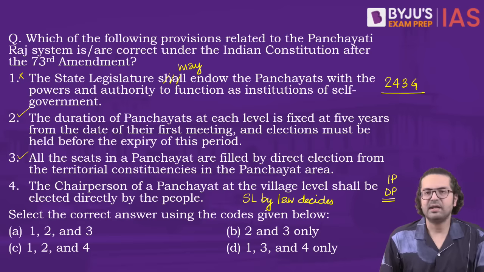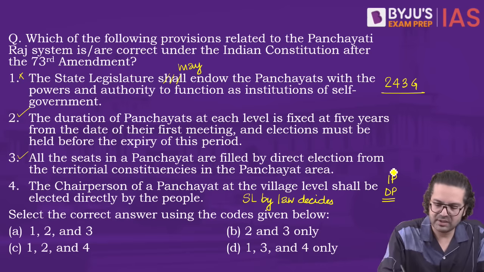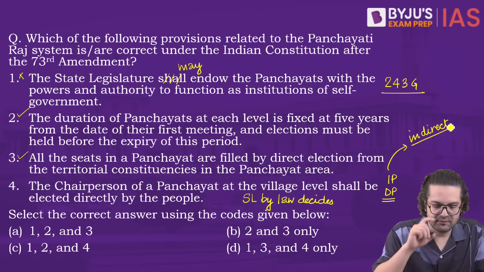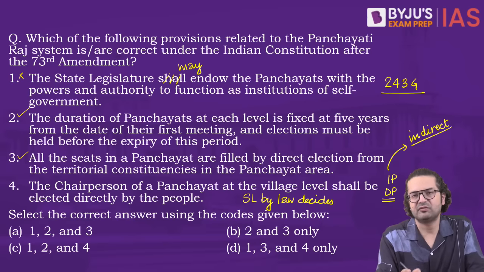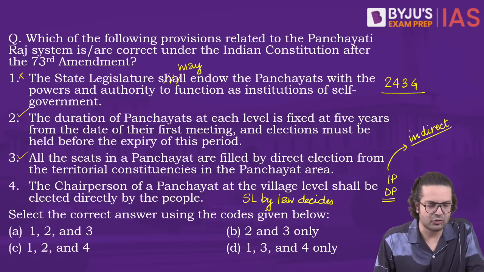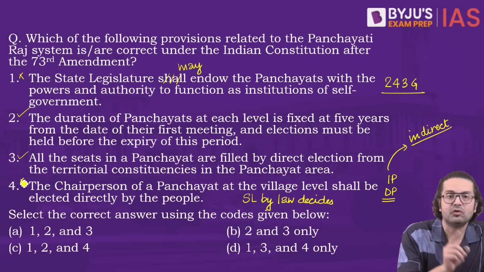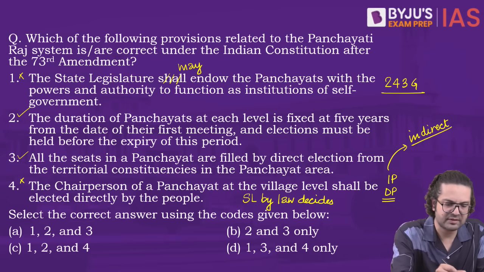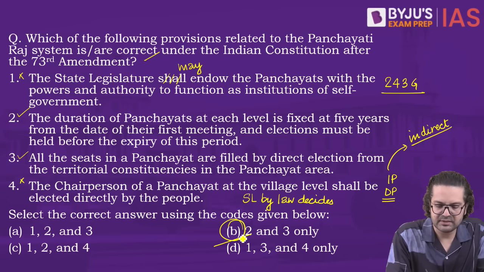Here the election is indirect. At these levels the constitution says that the election is indirect, whereas for the chairperson of the Gram Panchayat, the state legislature decides. It can be direct or indirect. So 4 is wrong. 2 and 3 are correct. We have to choose the correct statement. B is the right answer.